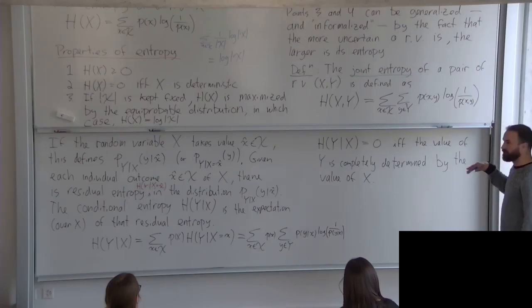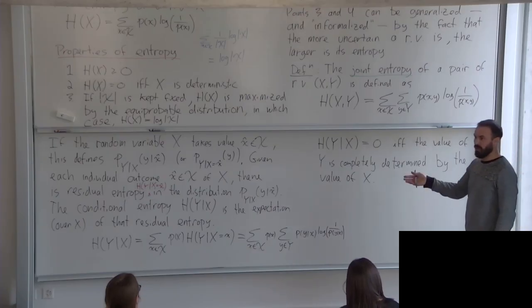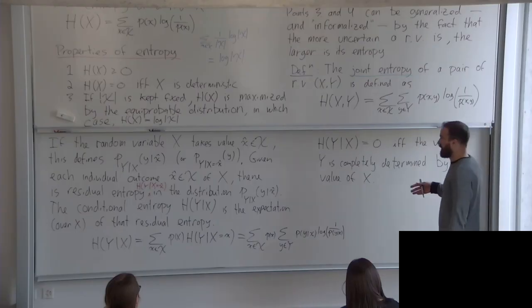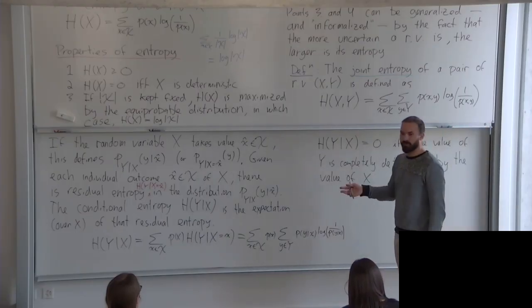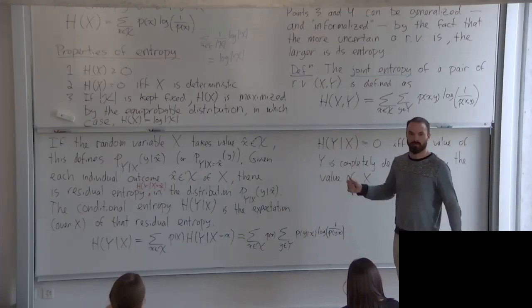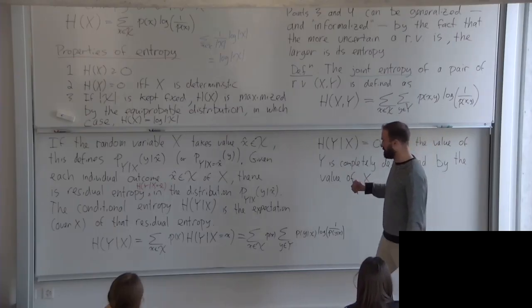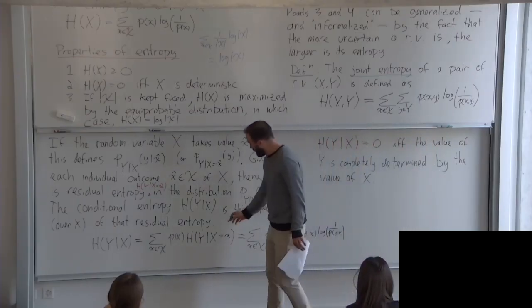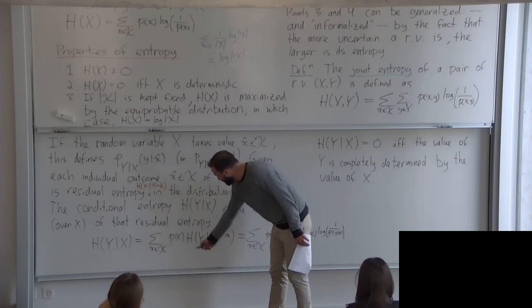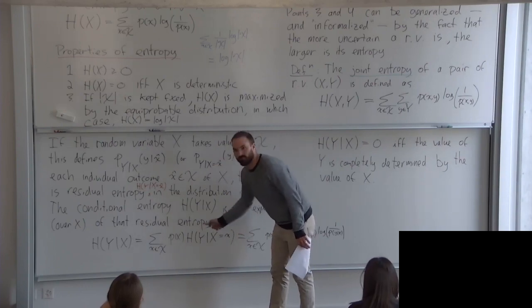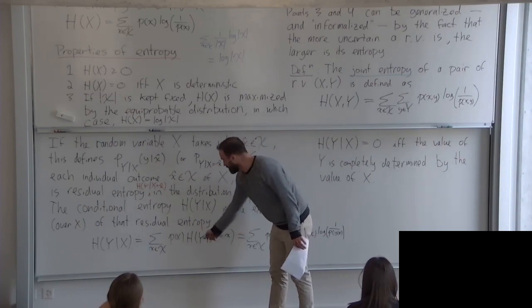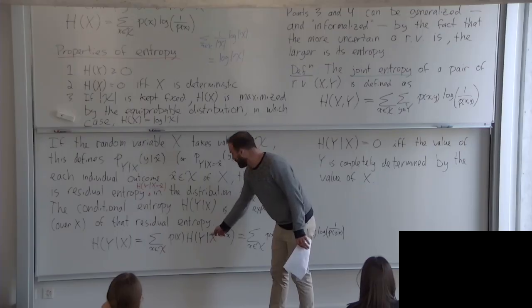So if the value of x determines the value of y, say x is a random variable and y is double that random variable. You found x, you go like, oh, I know what y is, you multiply it by 2. So once you found x, the residual entropy will always be 0. There will be no surprise in guessing y. There's no indetermination.